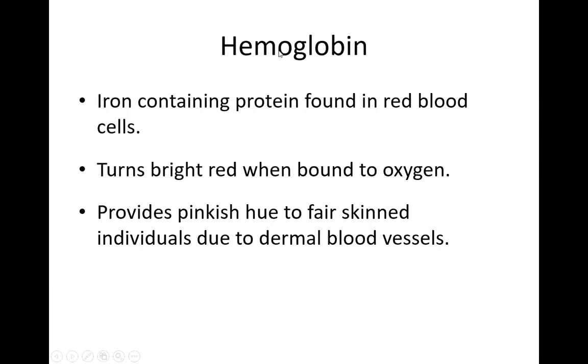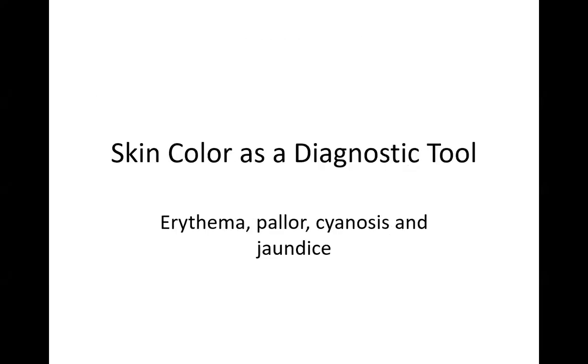Hemoglobin is why we see redness in the skin, due to the blood flowing to that part of the skin. So skin color is a diagnostic tool. We talked about that. A patient may have a bruise, which can indicate physical abuse.